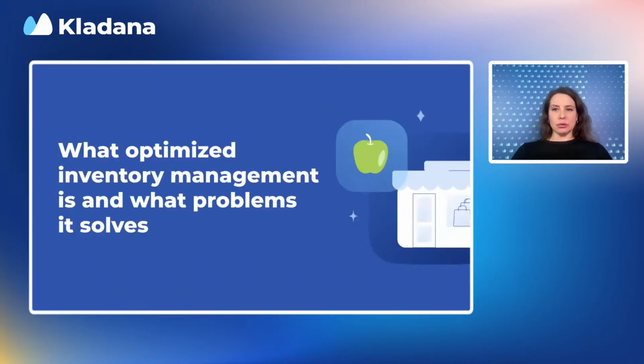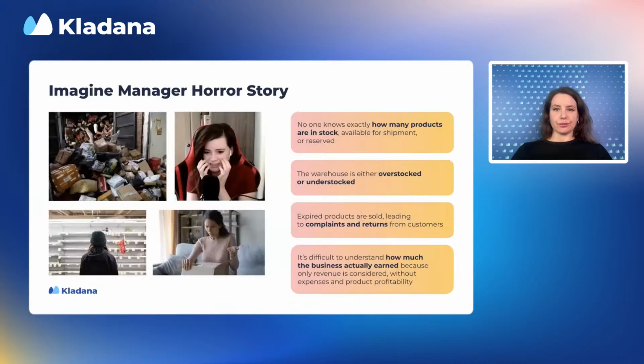And now we are ready to start. Let's take a look at the issues in inventory management and daily operations, daily difficulties that entrepreneurs often face. Let's start with a very imaginable situation. Just try to think what can happen. For example, there is some company and no one in the company knows exactly how many products are in stock, how many products are available for shipment, how many are reserved, and how many we are waiting for from our suppliers.